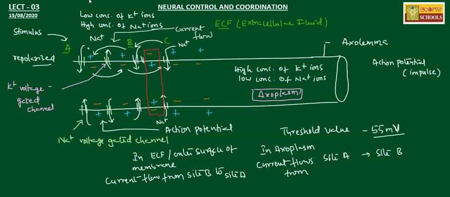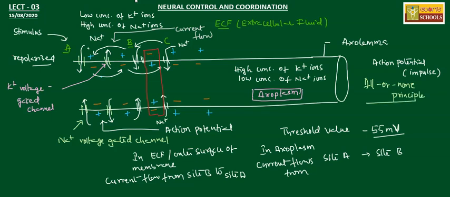So this is how the transmission of nerve impulses takes place, and I told you that these nerves follow the all or none principle.